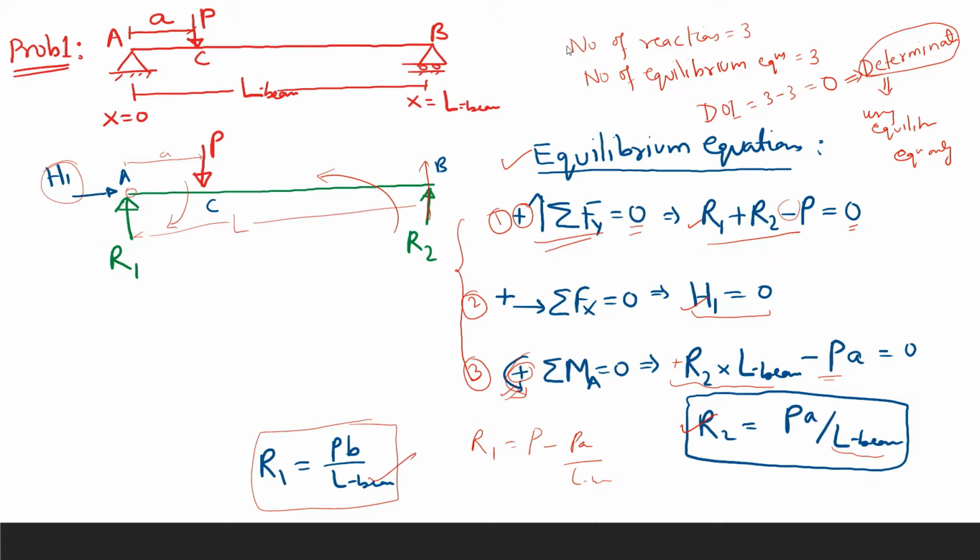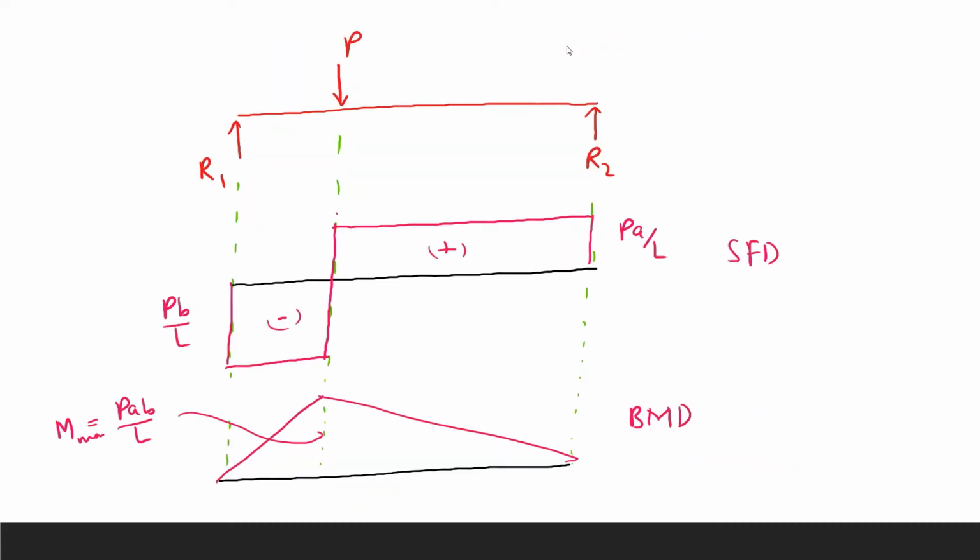All three unknowns are now known to us. The horizontal reaction was 0, so we don't require it. We only consider the R1 and R2 reactions and the load P acting.